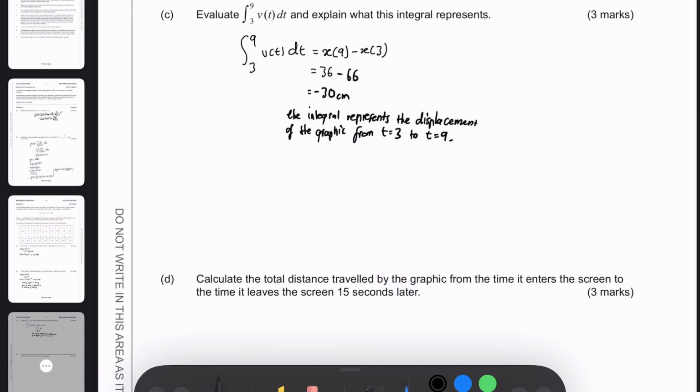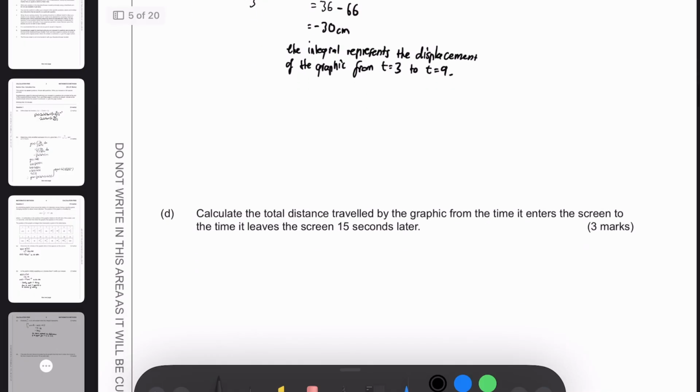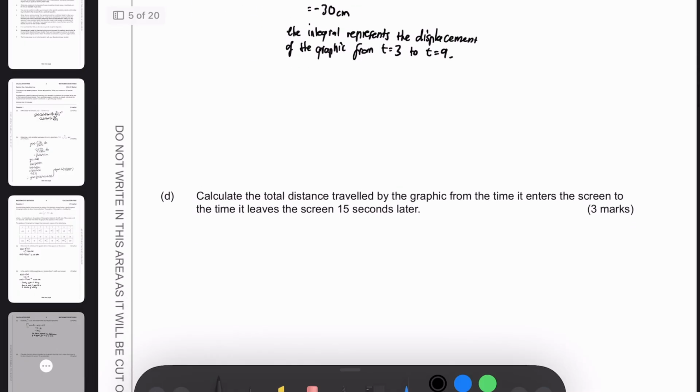Calculate the total distance traveled by the graphic from the time it enters the screen to the time it leaves the screen 15 seconds later. Okay, so we know that to find the total distance, if we had a calculator, we could use absolute values. However, since we don't, this is hands-free, we have to find when the graphic starts to change direction.